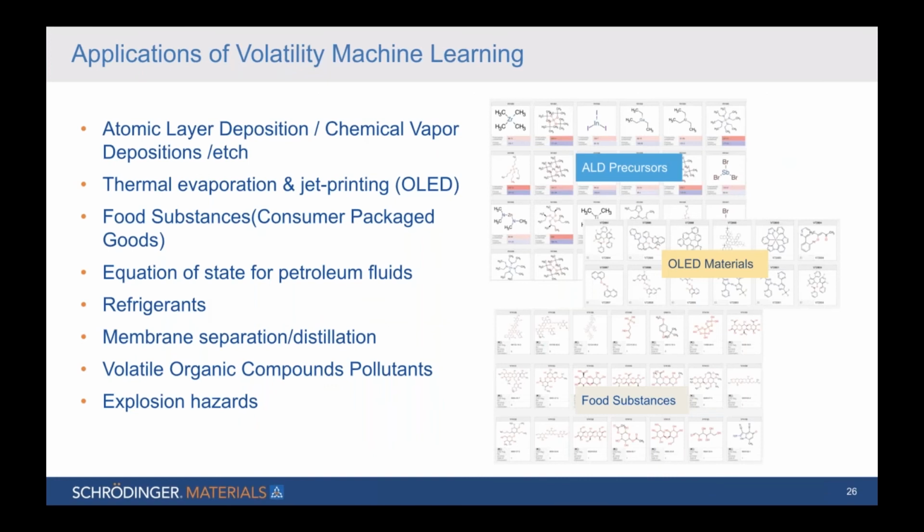So we have this volatility machine learning model. We definitely believe it can be used in many different areas. I mentioned ALD, CVD, but also OLED material development, or even food substances, to study the headspace, for example.